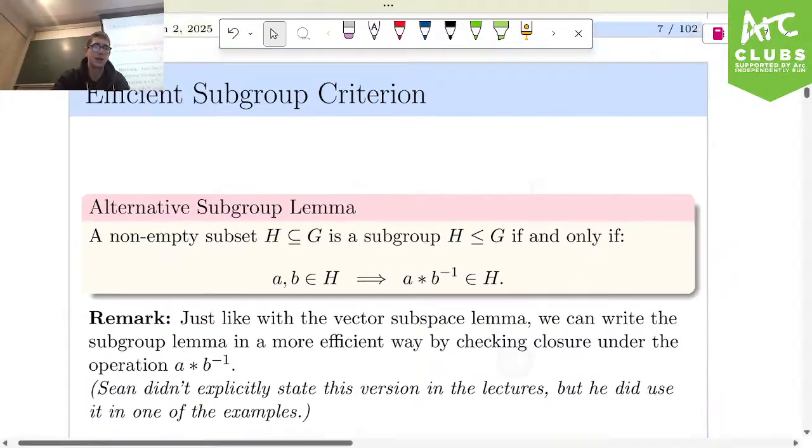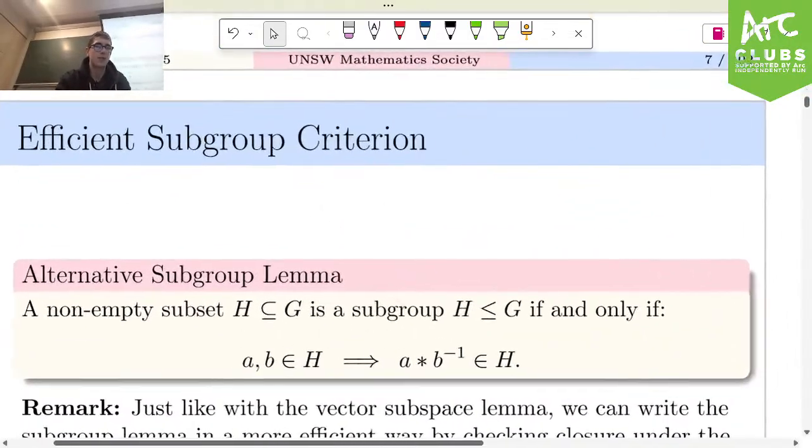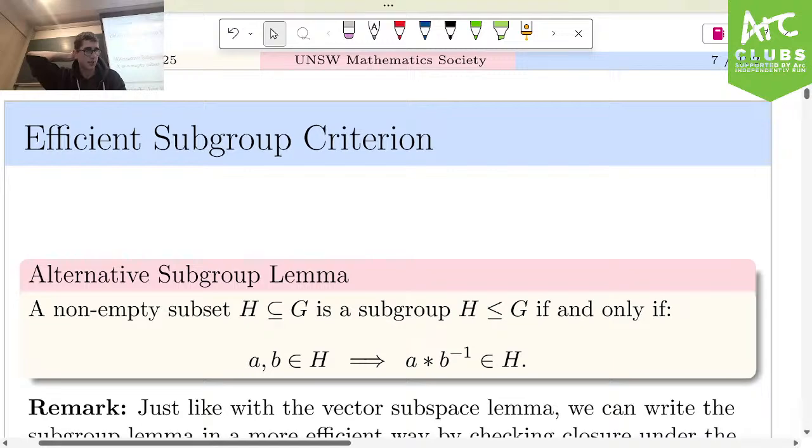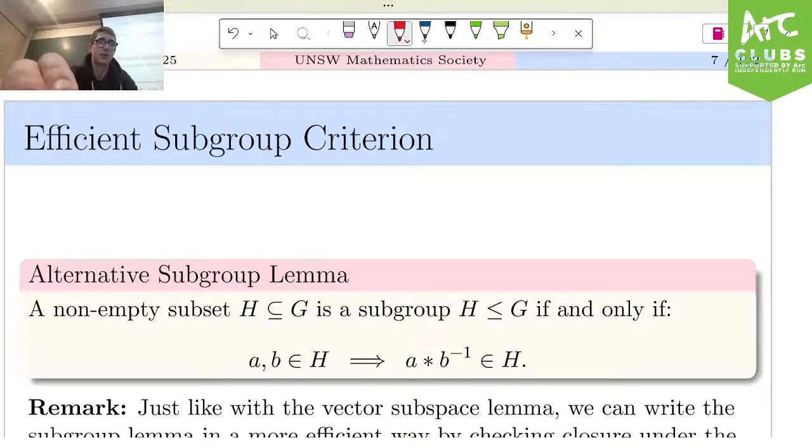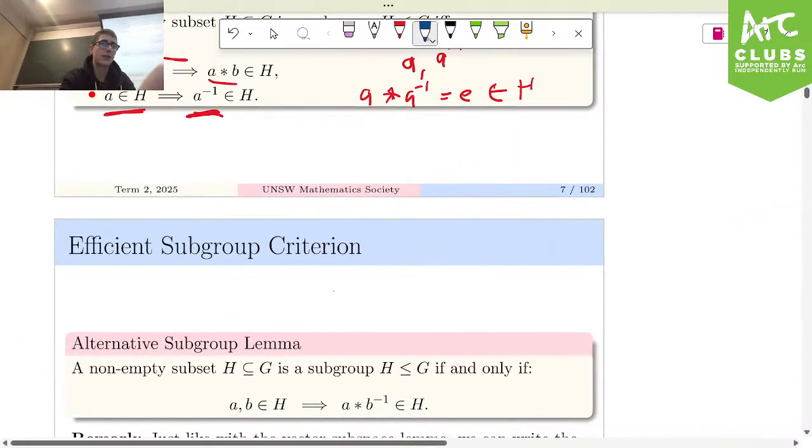So what this is saying is similar to how with a subspace, instead of just showing that we have closure under addition and closure under scalar multiplication separately, what we can instead do is just more efficiently show that for any u and v in our subspace and any lambda being a scalar, then u plus lambda v is also in our subspace. So this is what we're doing here. We're combining these two into one.